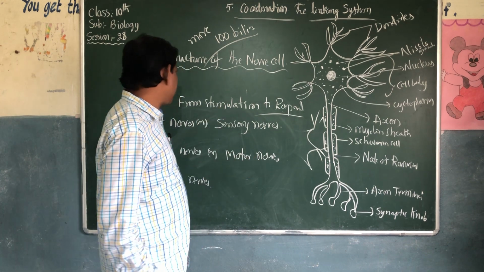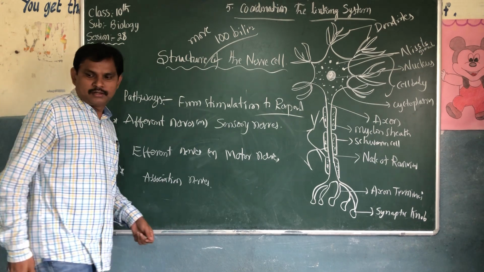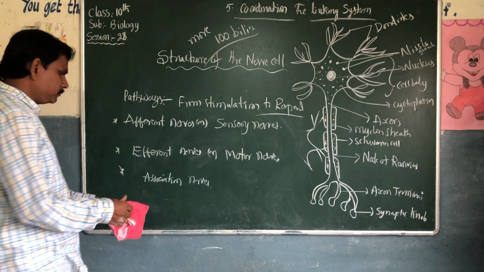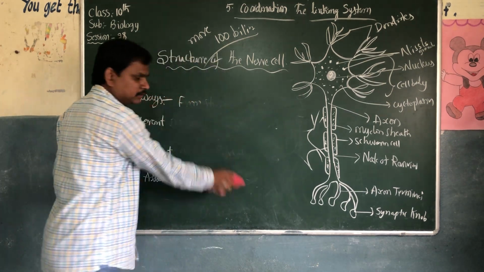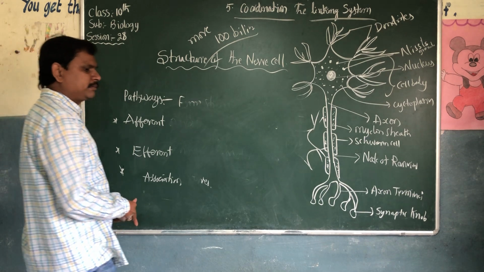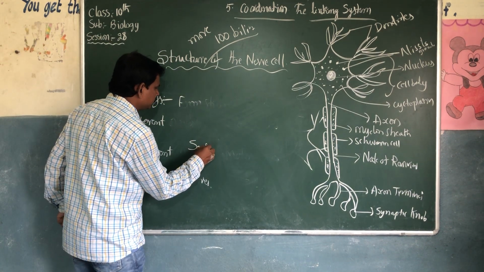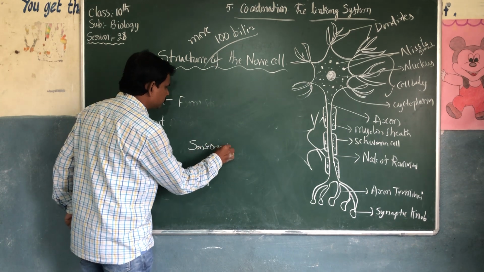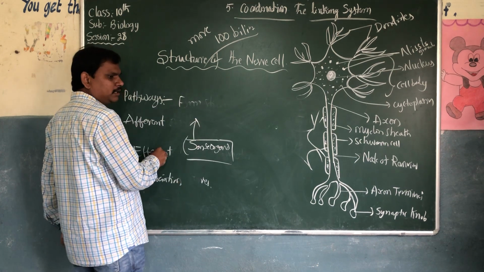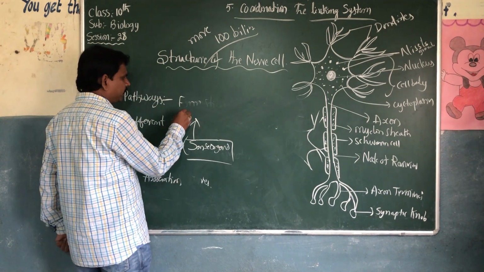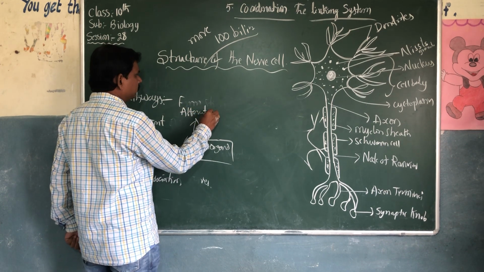These two works are done by the association nerves. For example, from the sense organs, the message is carried by afferent nerves.